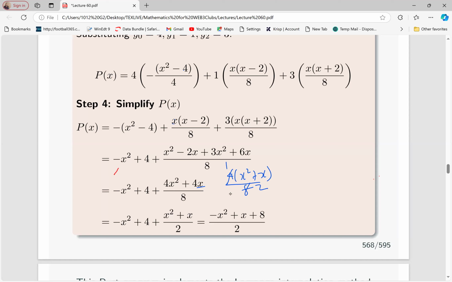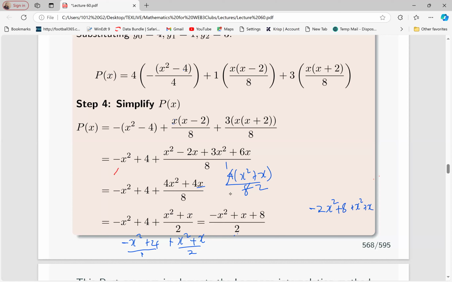So that I then have negative x squared plus 4, and then plus x squared plus x out of 2, then I collected like terms. I put them under the same LCM, which is 2, and this is like over 1. So 1 into 2 will be 2. 2 times that would be negative 2x squared, then plus 8, then plus x squared, then plus x.